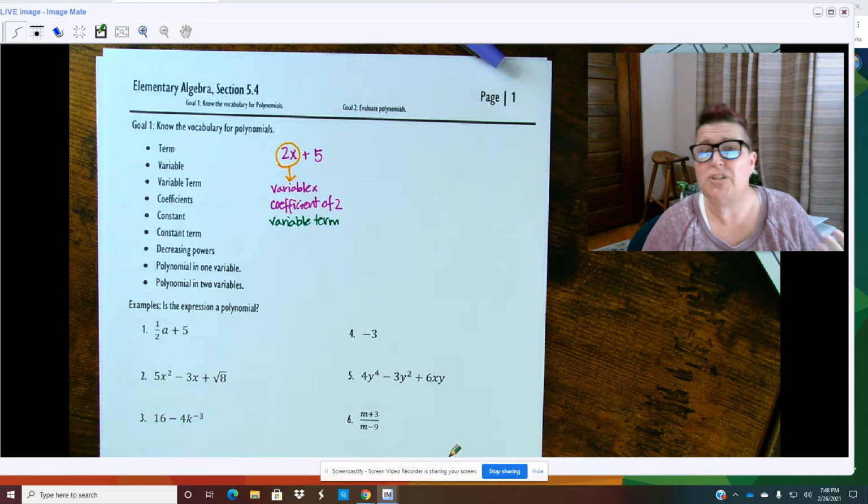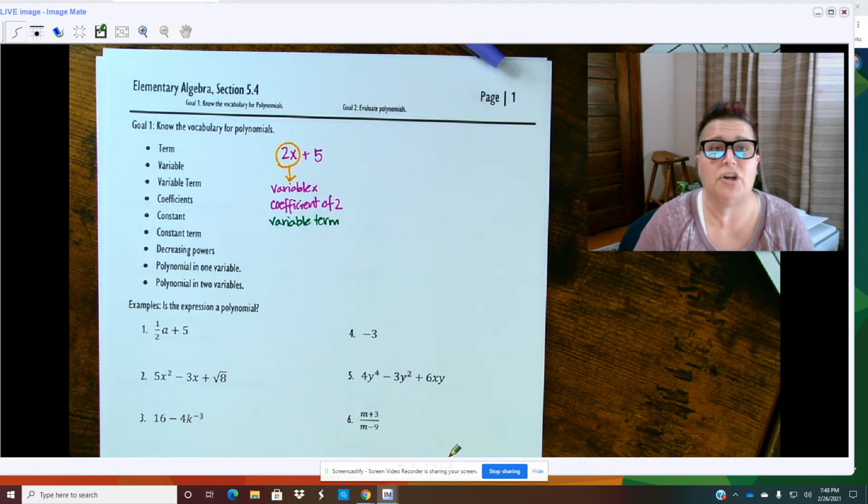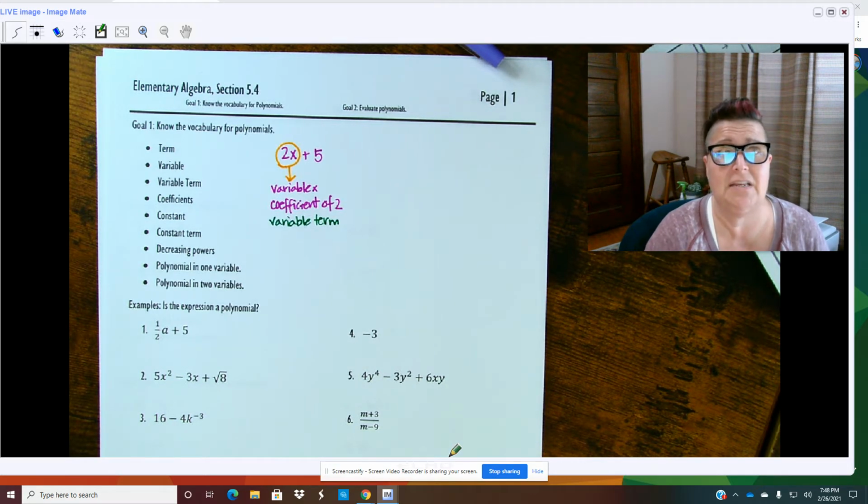So basically, like we talked about in, I think, the very first chapter, the variables are stand-ins for unknown quantities. They're numbers that we might replace with a value later, but sometimes it's just a manipulative and it's meant to stand in for an unknown quantity.